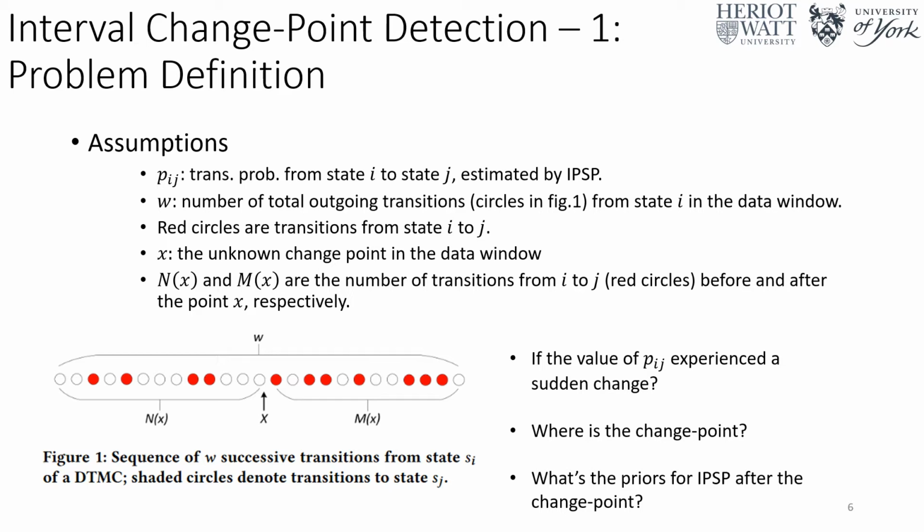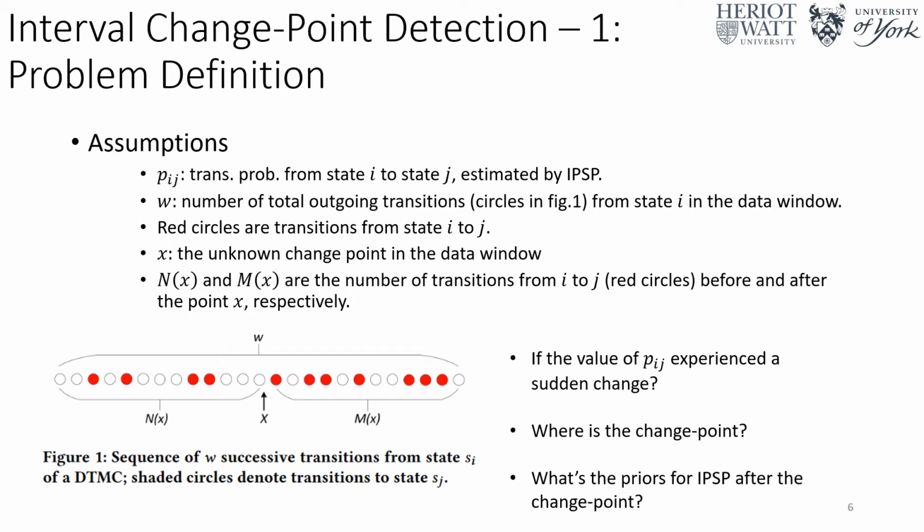We assume all transitions within the Markov models are monitored and recorded, where W is the number of total outgoing transitions from state i, represented by those circles in the figure. And those red circles are the actual transitions from state i to state j. The variable x represents the unknown change point, which is essentially an index of the transitions in the data window.